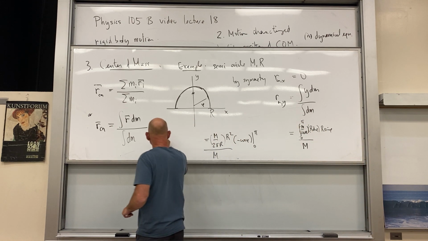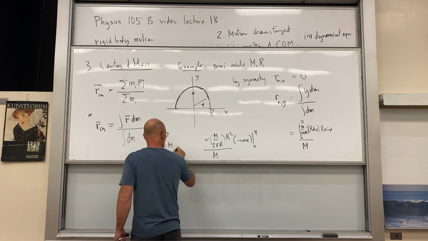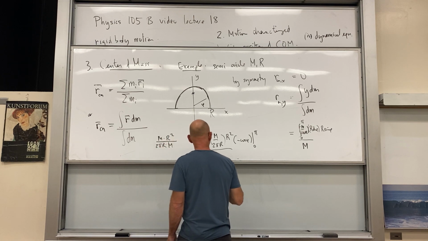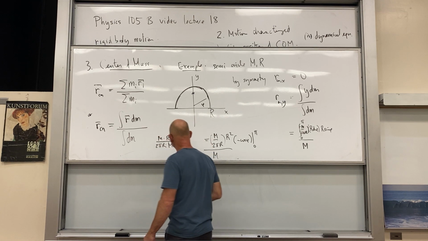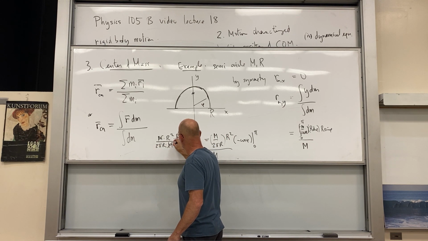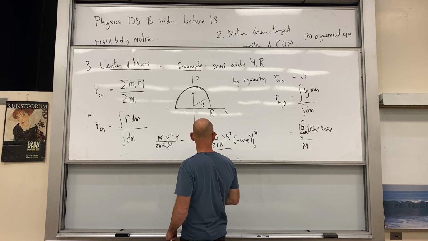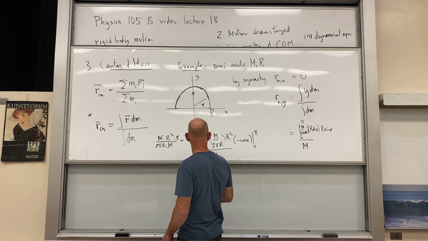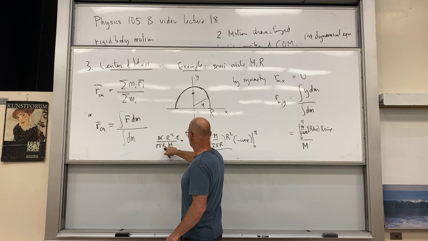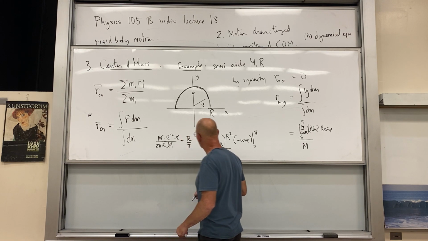Working back, we have the M, the R squared, and the 2. So when the dust settles, we would have R divided by pi.